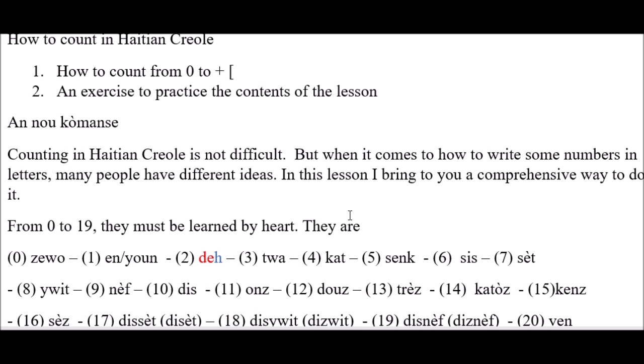From 0 to 19, they must be learned by heart. They are 0, 1, 2. Okay. Deux, as you know, I write it with an H because there's another de in the Haitian Creole language. This de is like a preposition, which means sometimes "of", okay?